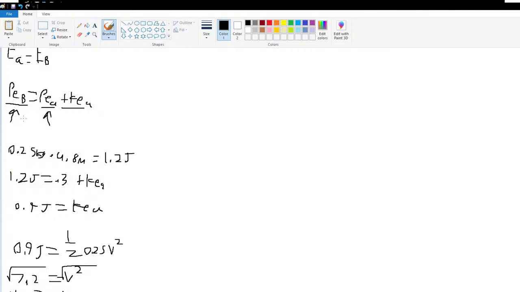I meant to do times 9.8 as well. 4.8 times 9.8 times 0.25. Yes, that is what I did wrong. That's why my answers are wrong. Okay, so to clarify, here you can see I did mass times height. It is mass times gravity times height. Don't forget your G's, kids.